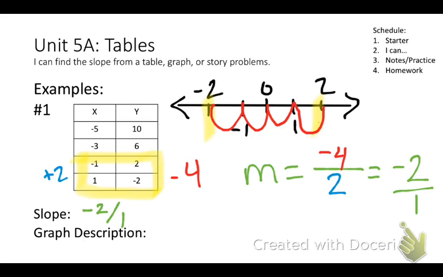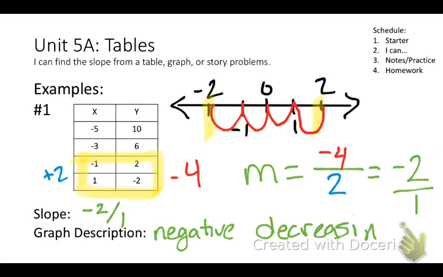I know that it has a negative slope, so I'm going to write negative here. I also know that if it's negative, it's also decreasing. So that's one of those things that we don't have to have a picture, we can actually determine that. All right, I'm going to pause the video, make sure you have all of this down.